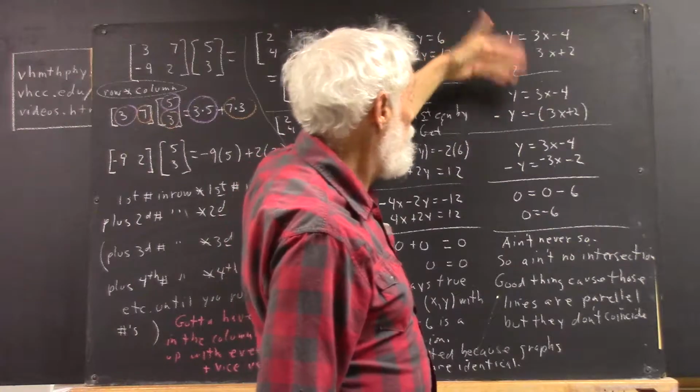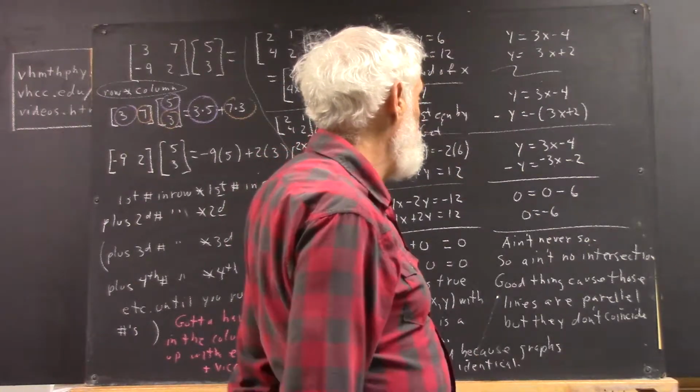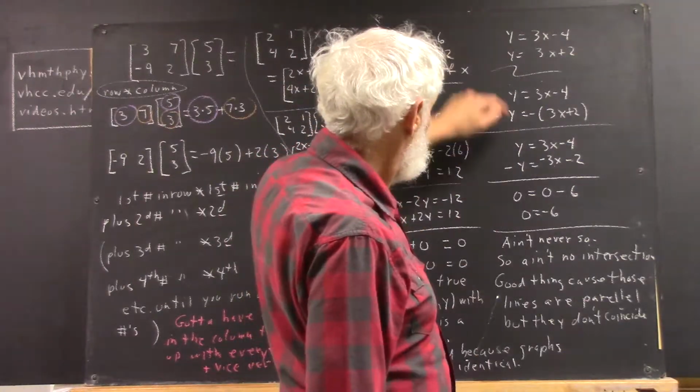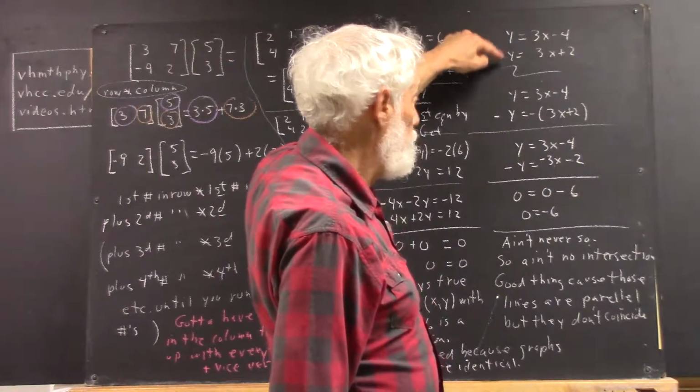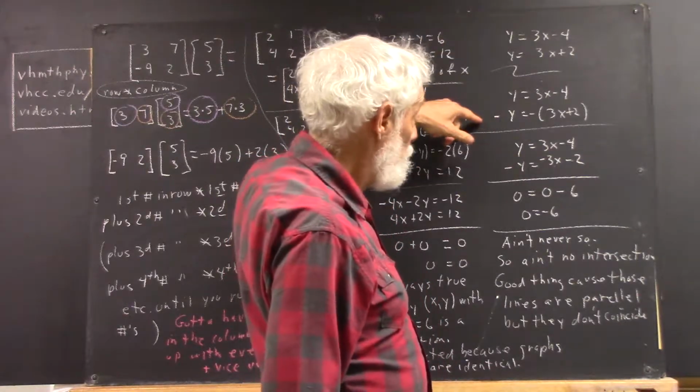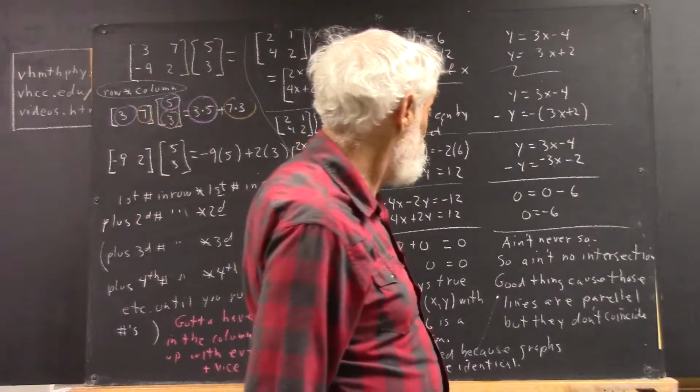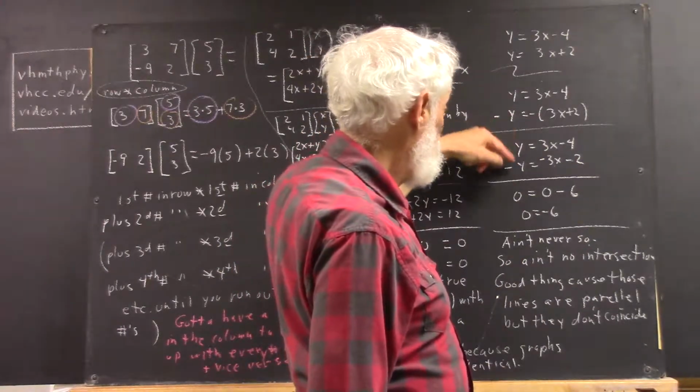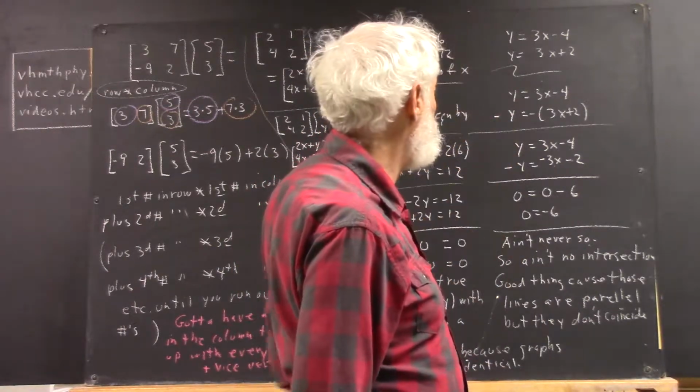Okay, well, I want to add two equations to eliminate one of the variables. So I've got a y here and a y here. I'm going to multiply this equation by -1, so I'm going to end up with a y and a negative y, which is going to give me 0.